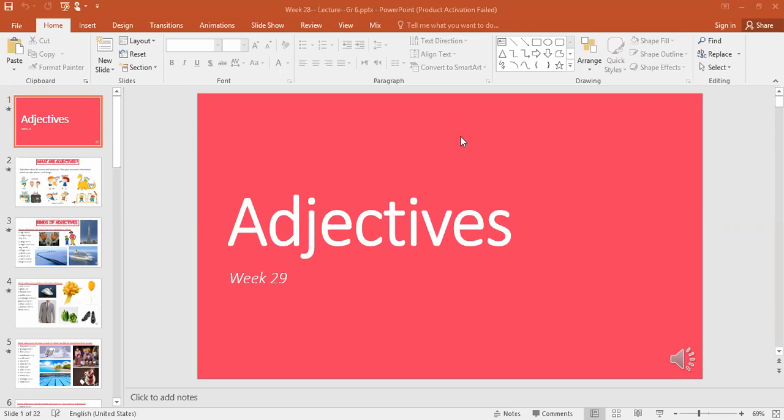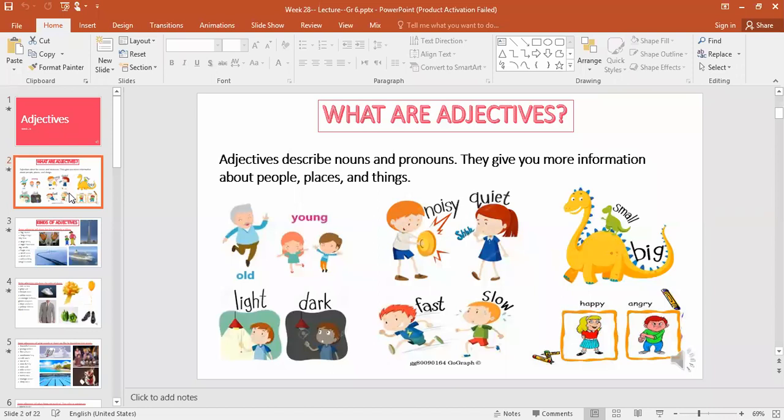First of all, let's recall everything we have explained, and then we'll continue. We started with the definition of adjectives. We said that adjectives are words that describe nouns or pronouns, and they give us more information about nouns and pronouns.